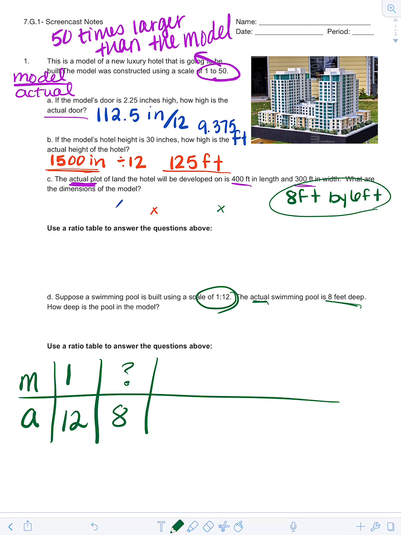So this will be our setup down here. I need to figure out how to get from 12 to 8. I'm still multiplying, but I'm probably multiplying by a decimal. So the reverse thinking is figuring out what 8 divided by 12 is. It gives you this repeating decimal, which is equivalent to 2/3 if you reduce 8/12 by dividing by 4.